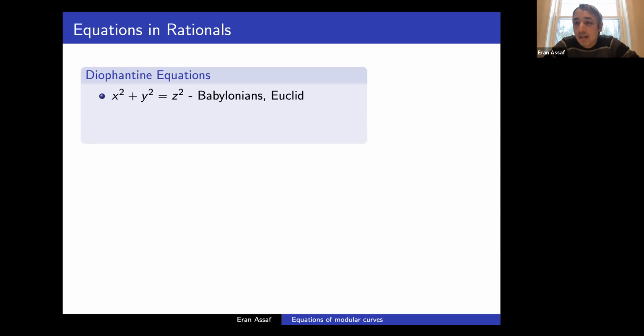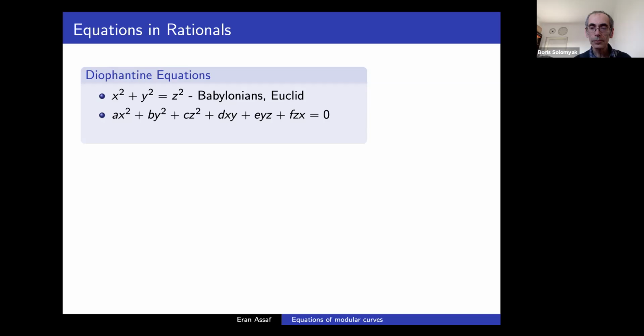Maybe the earliest attempt recorded of trying to do such a thing is the famous equation x squared plus y squared equals z squared, which by now we do know how to solve. And quite more generally, Diophantus 2000 years ago researched the question about an arbitrary quadratic, and we also know how to solve that one.